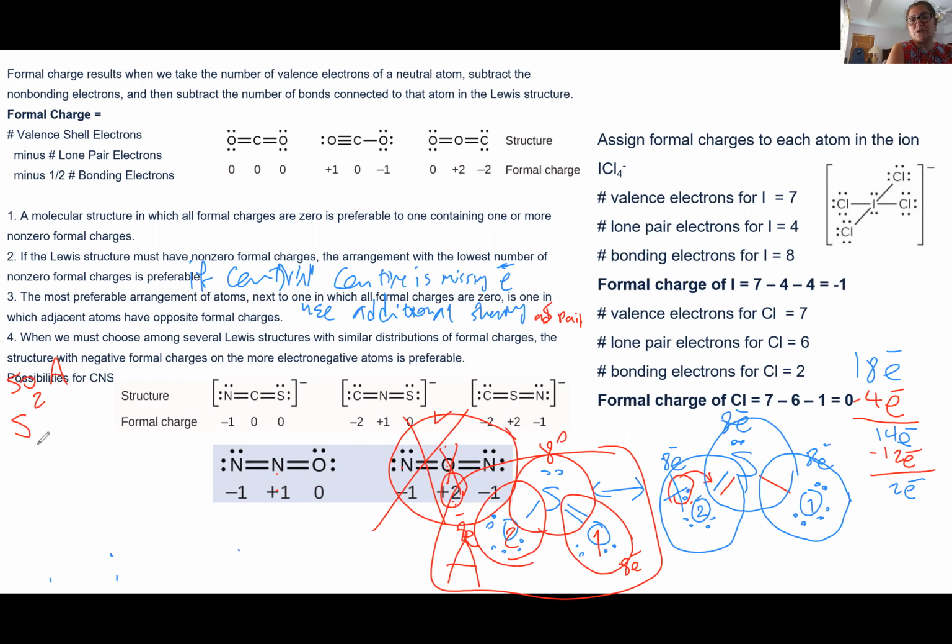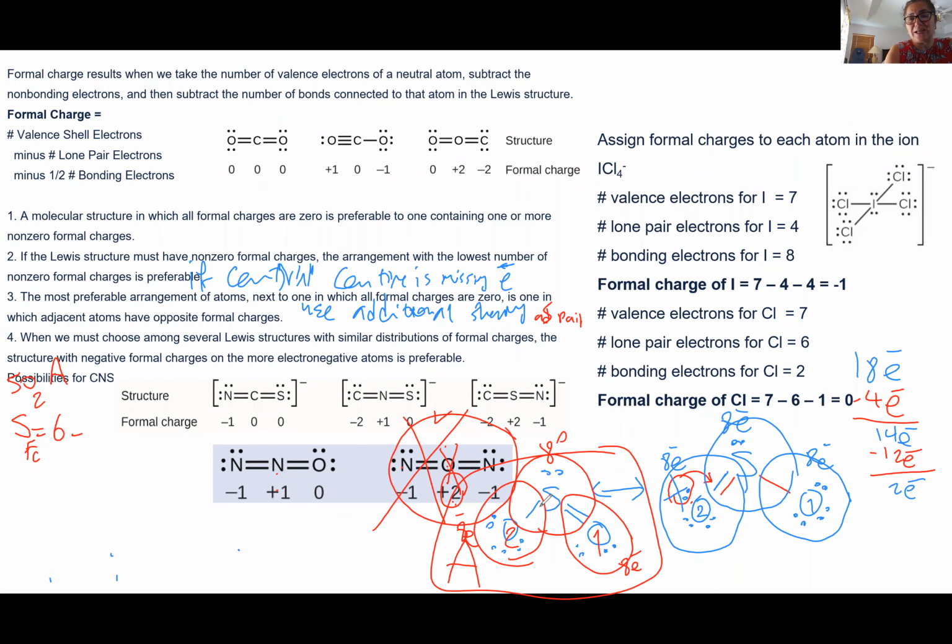The formal charge for sulfur is the valence electrons for sulfur, which is 6. How do we know that? You're 1045 students now, you know that already. You go to the periodic table, group 6A, everything in group 6A has a valence electron number of 6, minus the number of unshared electrons.